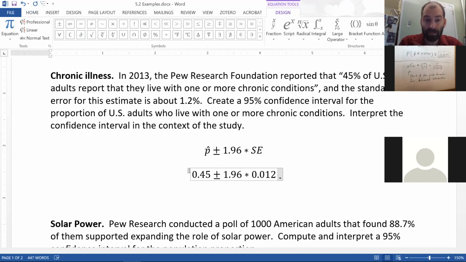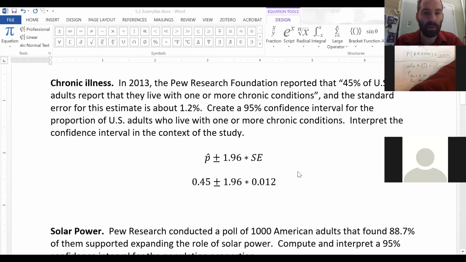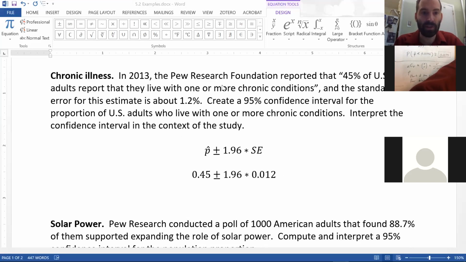But we can compute this, 1.96 times 0.012. Let me do that quickly. I get 0.0235.